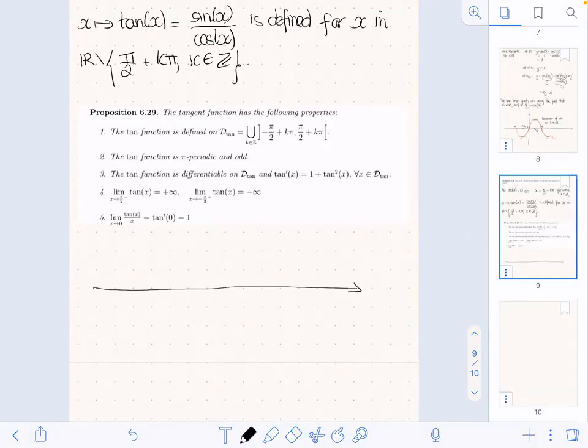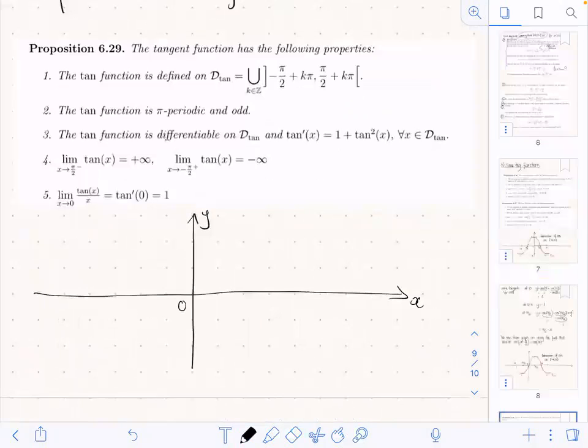If we place 0 here, x, y, and here we have pi over 2, and here we'll have minus pi over 2.